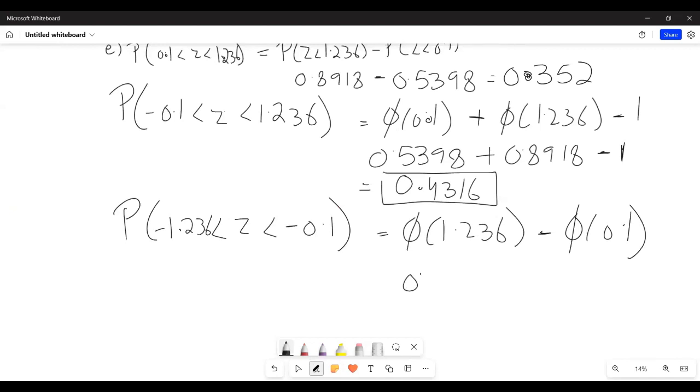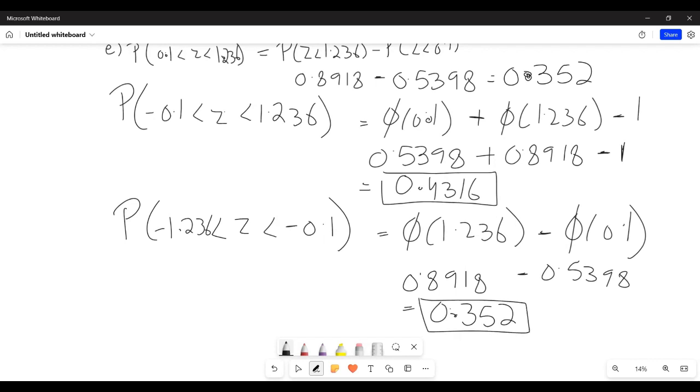So that would be 0.8918 minus 0.5398. Can you tell me what that is? The same as the answer of part D, 0.352. Yes. Okay.